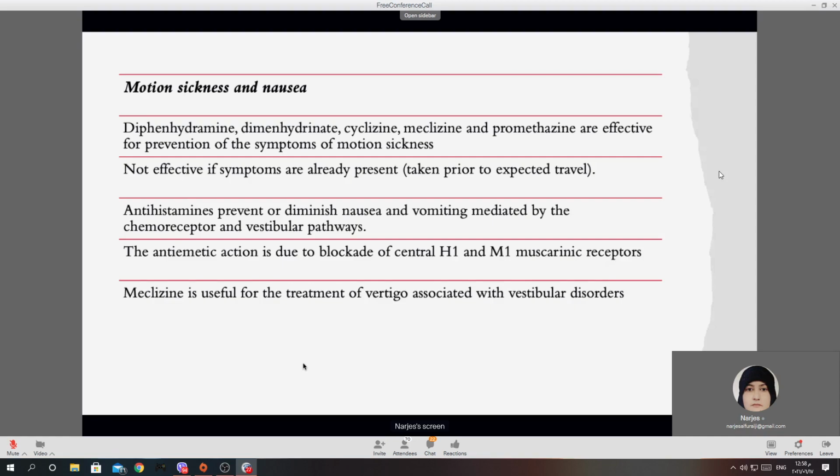It's also associated with the blockage of H1 receptors centrally and muscarinic receptors. From these agents, meclizine is very good to treat vertigo.